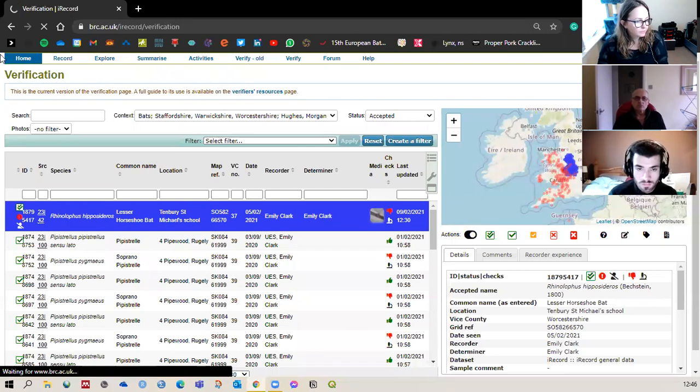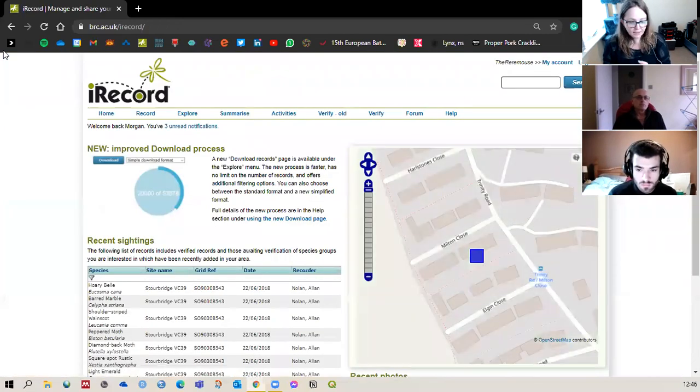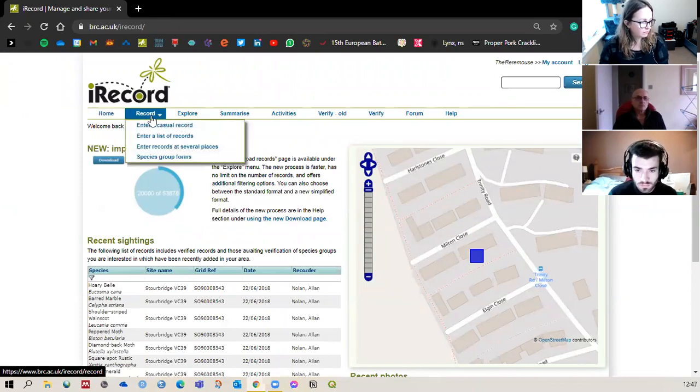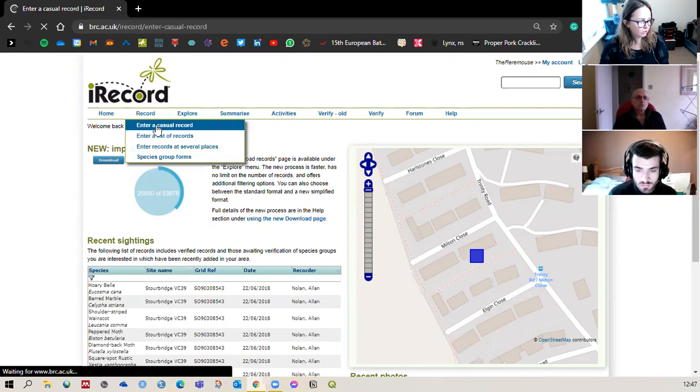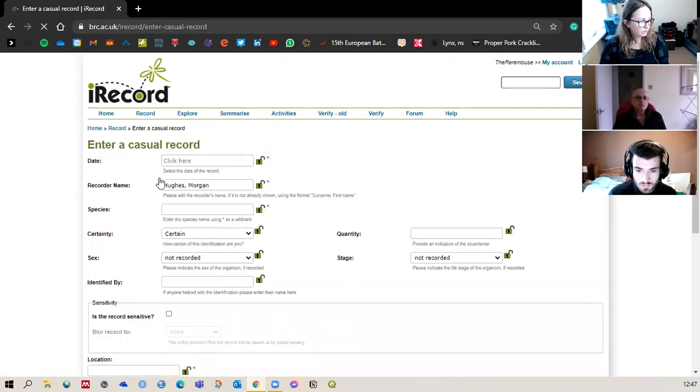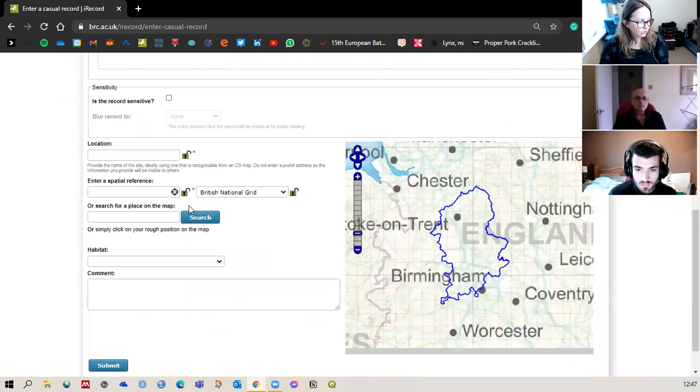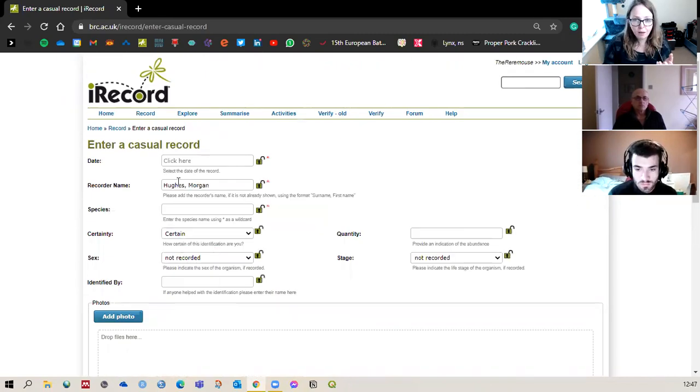But basically, iRecord is like this. It's an app on your phone, and you just fill out what you've seen and where you've seen it. So you can enter them on here, add photos, put exactly where you are on the map, that kind of thing. But the app just does it all automatically.